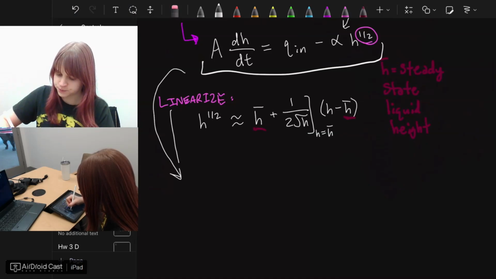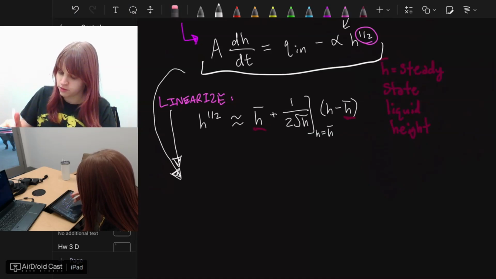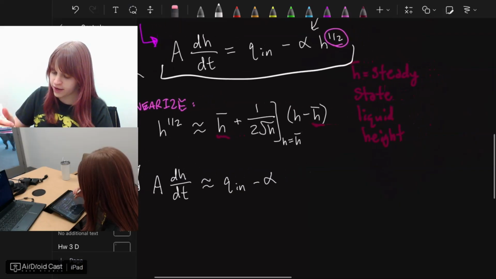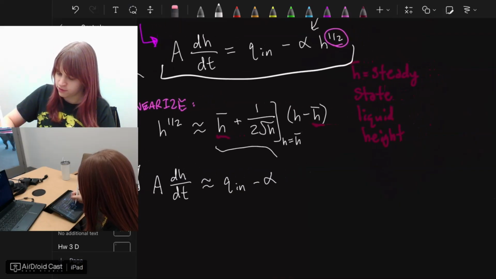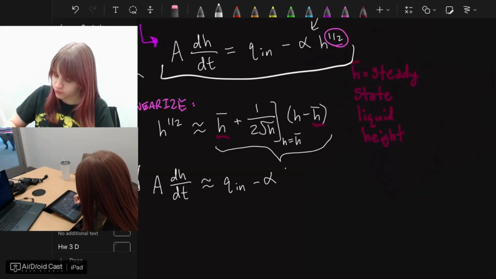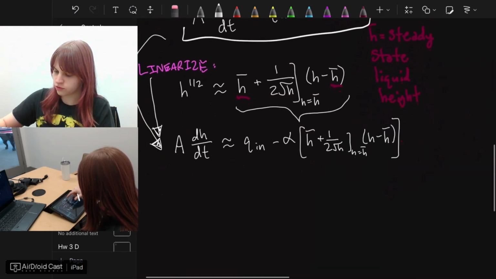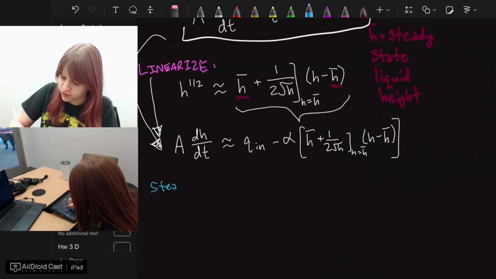So combining these two, we can say that A times dH/dt, the change in liquid height over time, is approximately equal to Q in minus alpha times h to the 1/2. We said h to the 1/2 was this whole term, so we're going to multiply by exactly that. We can also write the steady state equation for this.